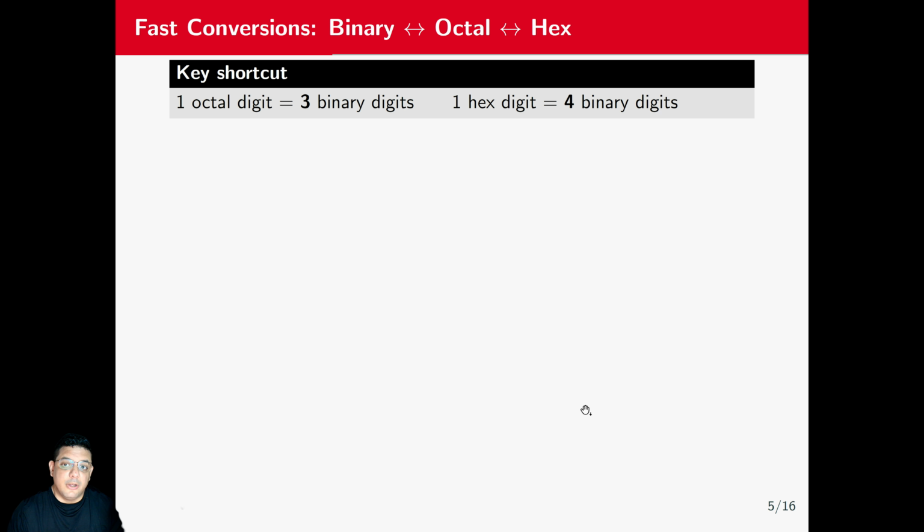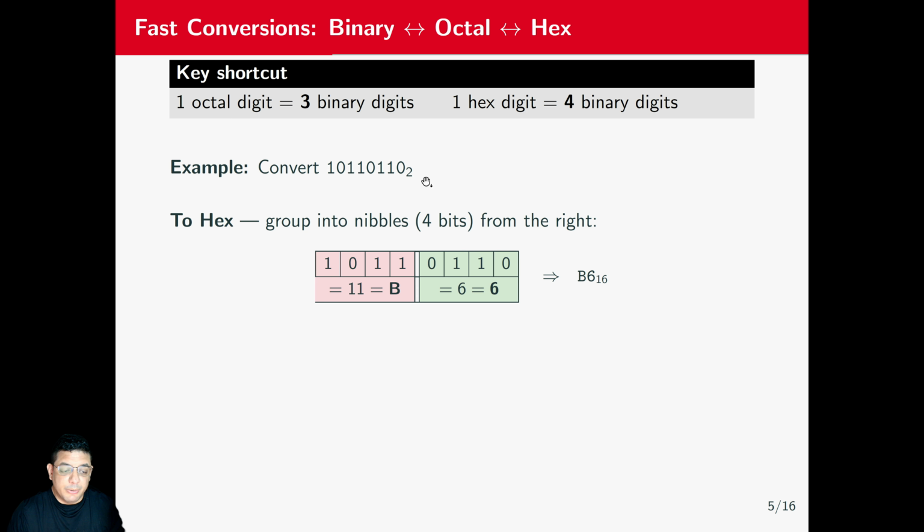All right, so let's talk about some fast conversion between binary, octal, and hexadecimal. One octal digit is 3 binary digits. One hexadecimal digit is 4 binary digits. So if we want to convert, let's say, 10110110 base 2 to hexadecimal, we group them into nibbles of 4 bits from the right.